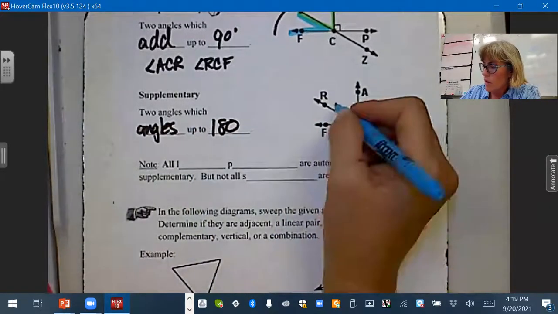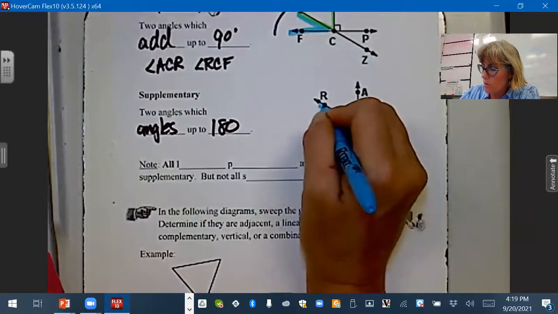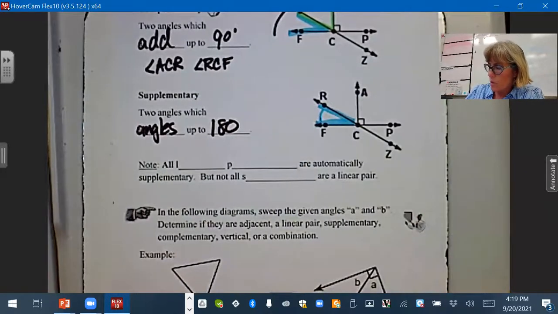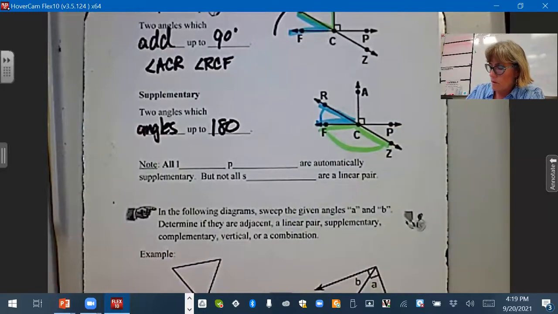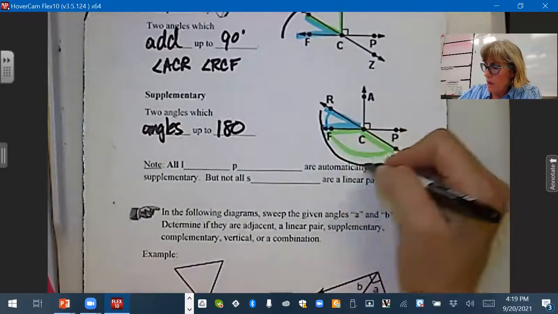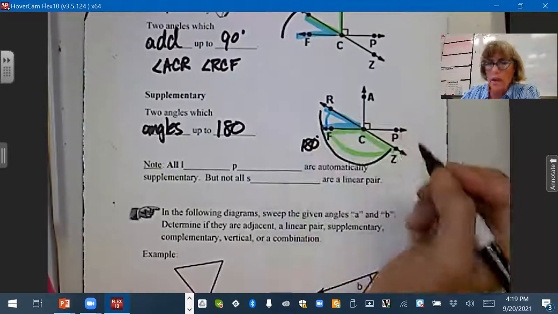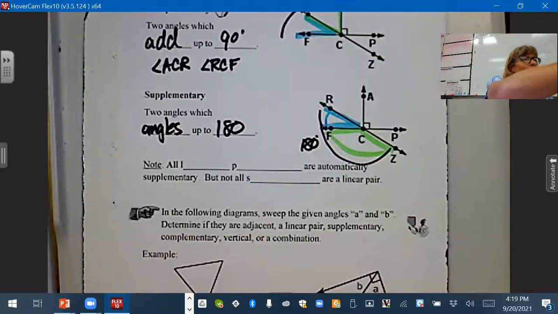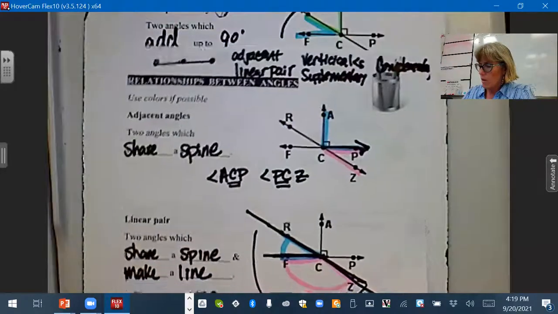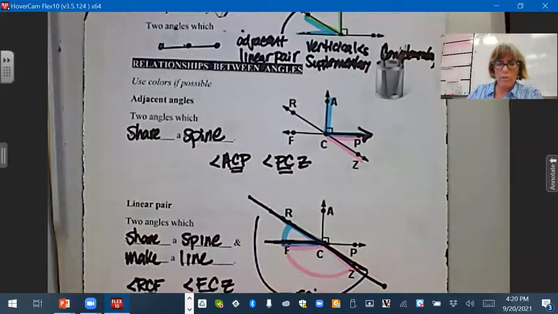Supplementary is any two angles that add up to 180. So any two angles that add up to 180. You're like, wait a minute, didn't I see that before? And you did, right here in a linear pair.